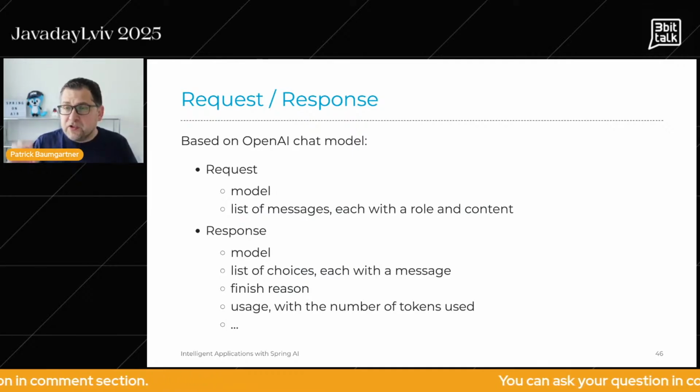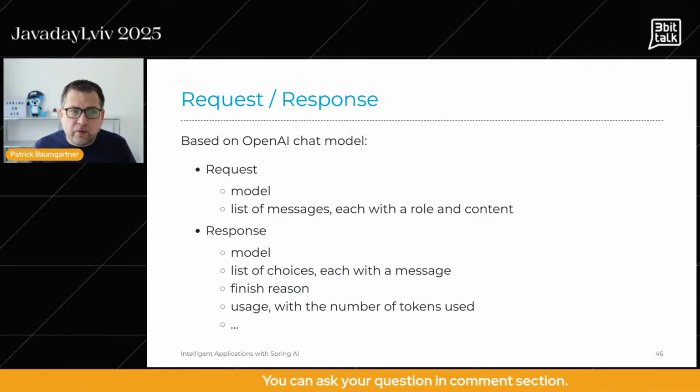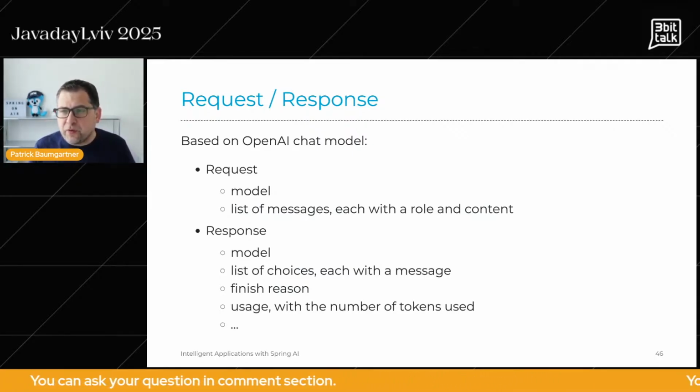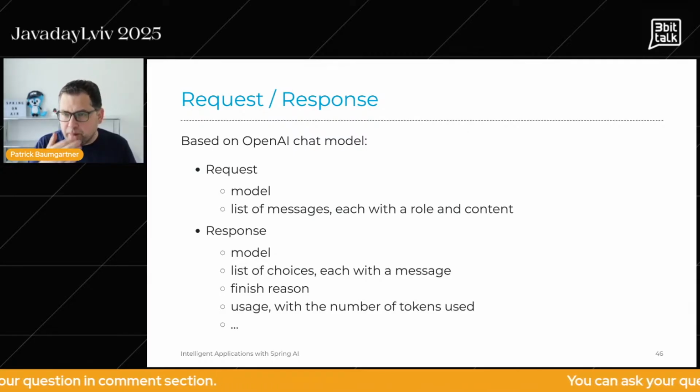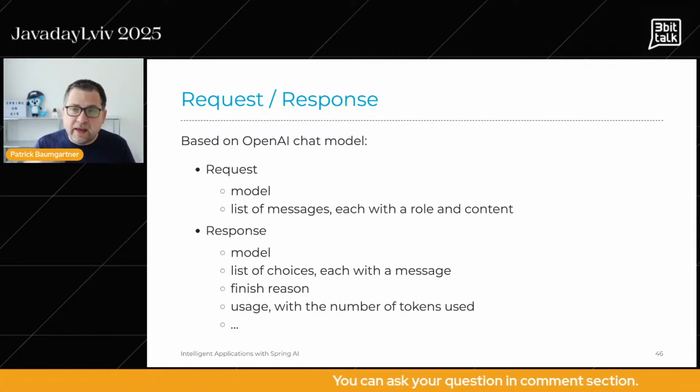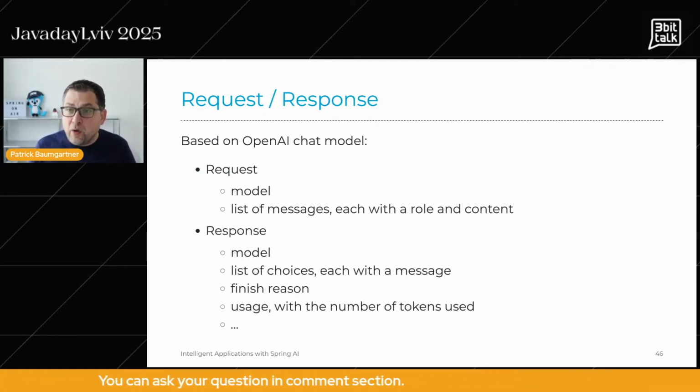Right. So you could say Spring AI is heavily influenced by the model from OpenAI. We have request and response, of course, but then the parameters on the API, like the model you are selecting and the messages you pass, are heavily influenced by how the API from OpenAI looks, right?